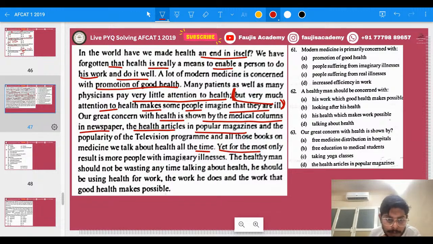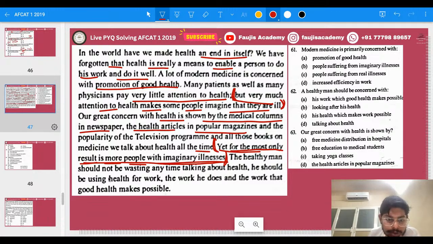Yet, for the most people, the only result is more people with imaginary illness. Like they are not ill, they are imagining the disease in their mind.